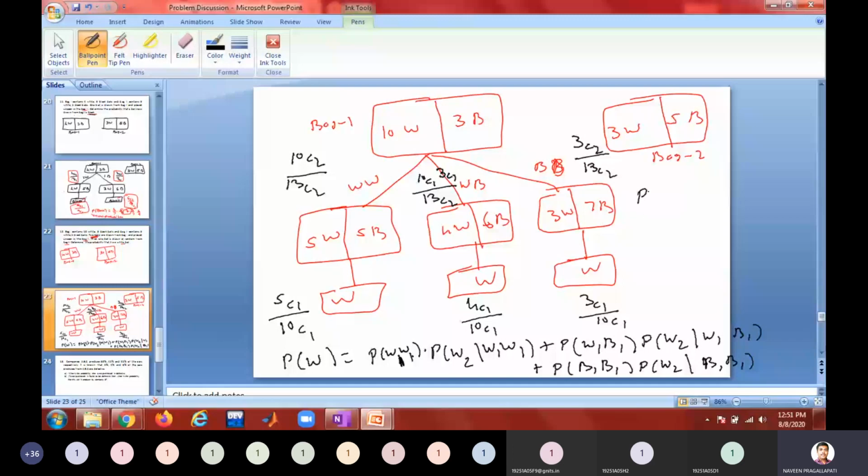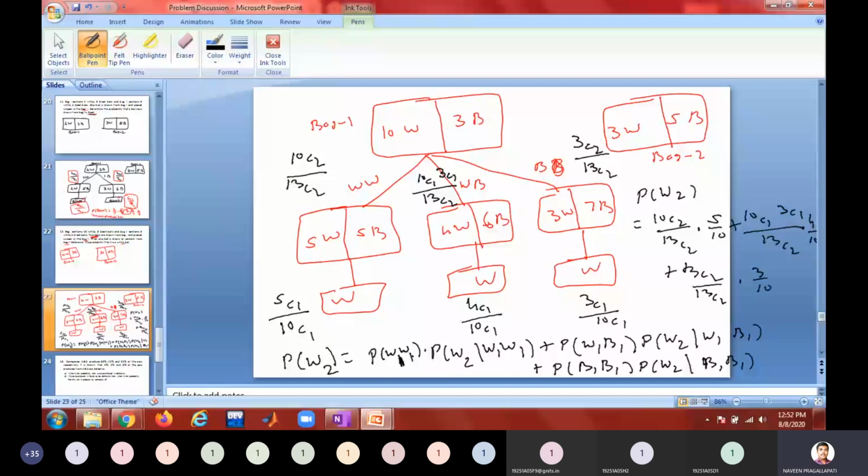So probability of W2 is equal to 10C2 by 13C2 into 5 by 10, plus 10C1 into 3C1 by 13C2 into 4 by 10, plus 3C2 by 13C2 into 3 by 10. You can simplify this later. So that is how we find the total probability.